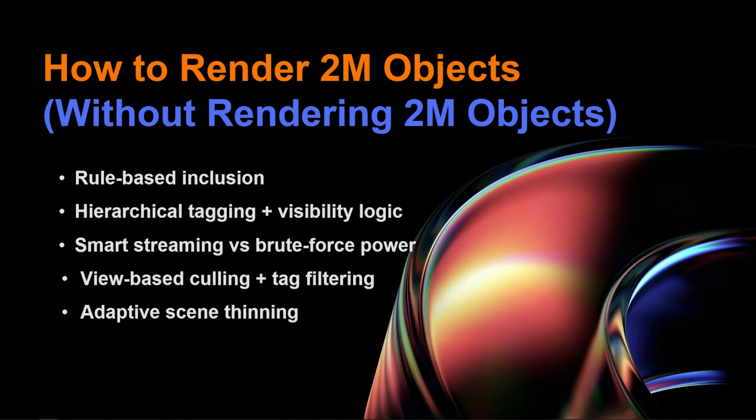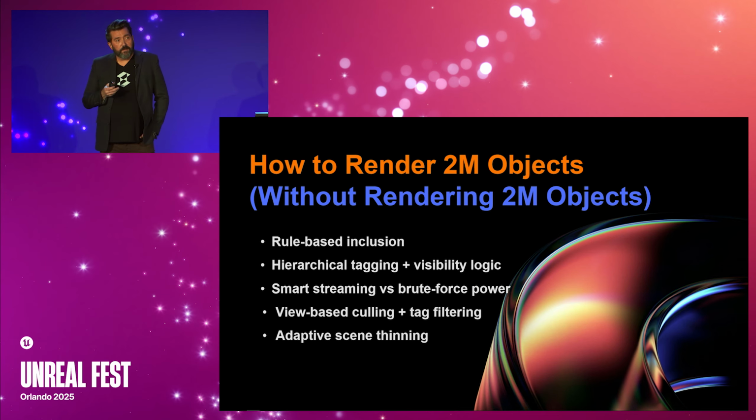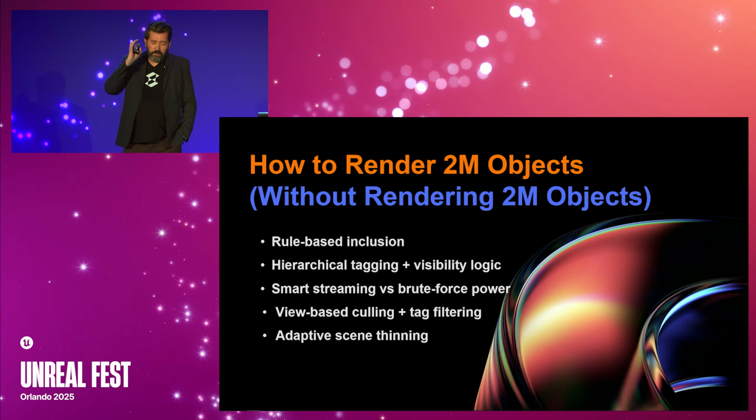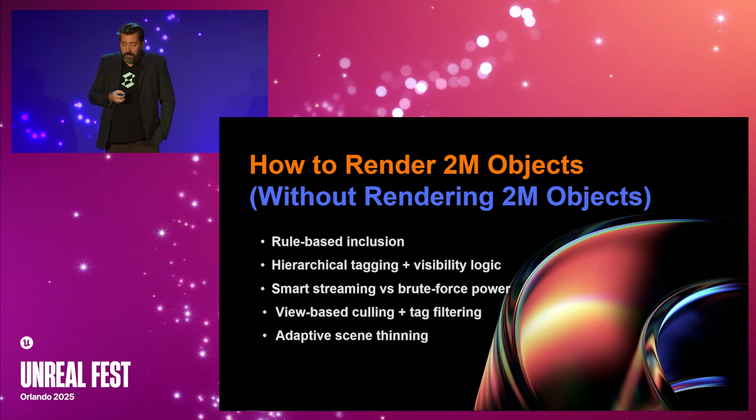So the method we tend to take is be really smart about how we're streaming it rather than brute forcing it. And like I was talking about earlier, we're using that view-based culling and tag filtering to then adapt and thin the scene out.